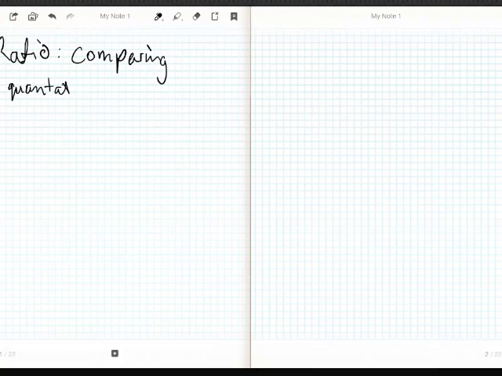Today's lesson is all about ratio. And ratio is comparing quantities of the same kind.